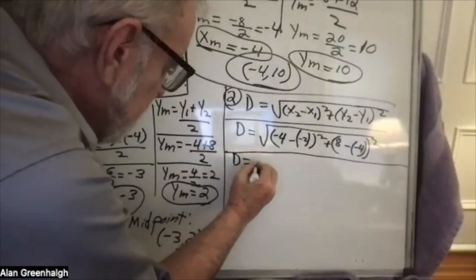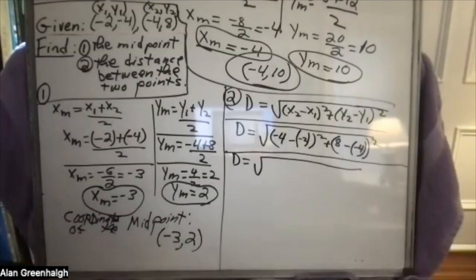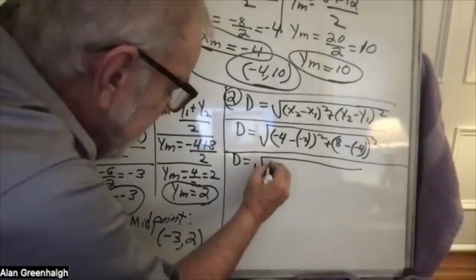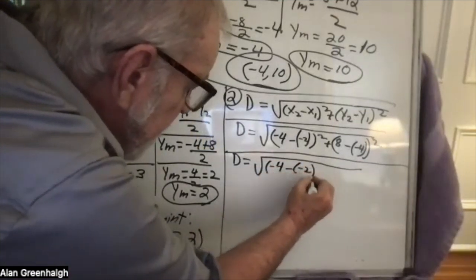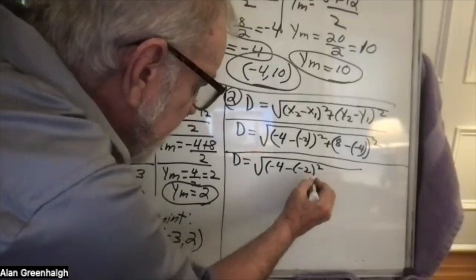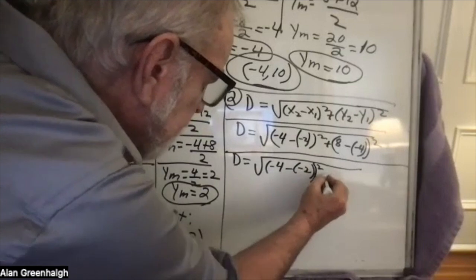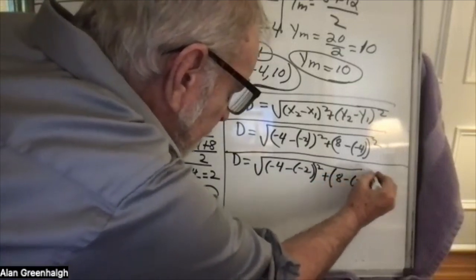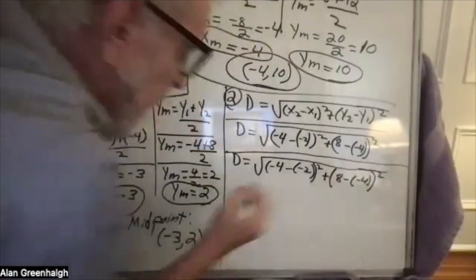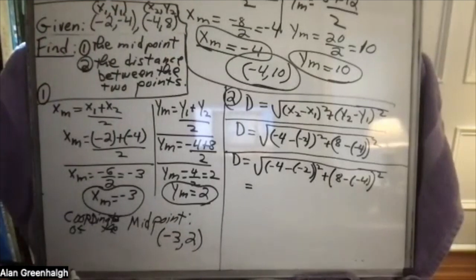D equals the square root. Now you have to be careful. Now you have to be really, really careful. Because, and let me rewrite this. I'm going to rewrite this part of the problem because now a lot of modification is going to go on. Okay, so D is equal to, now let's do this here.